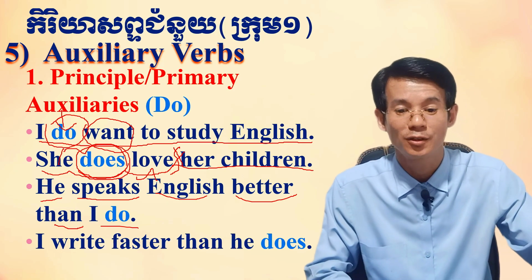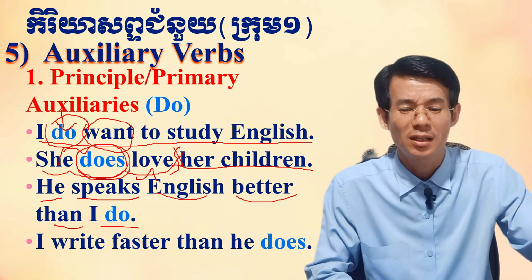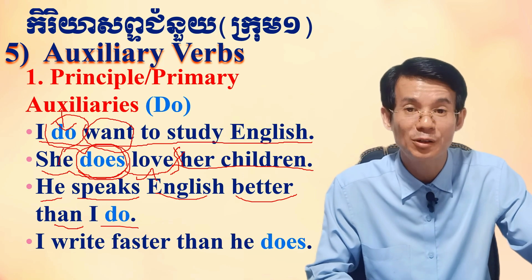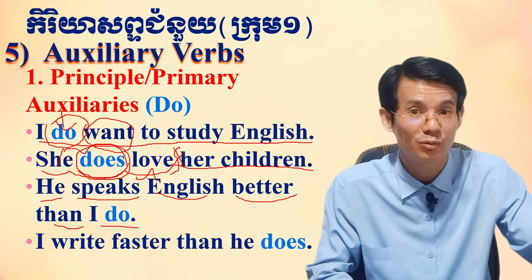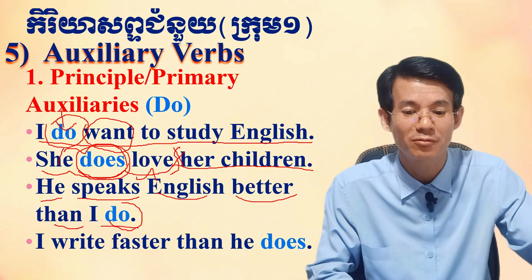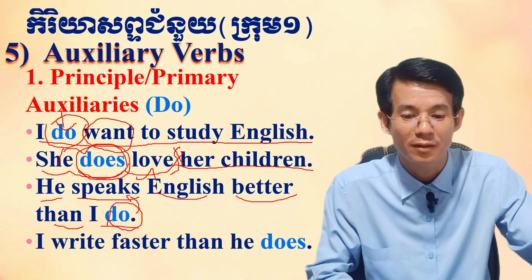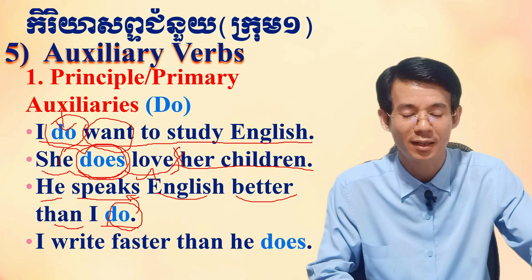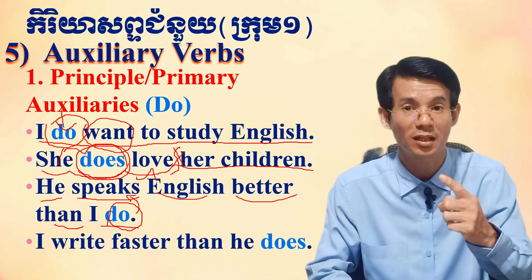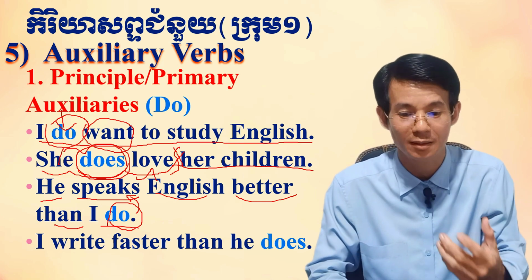Okay, so we can say she speaks English better than I do. So this do replaces the main verb speak. It takes the place of the main verb in some structures.